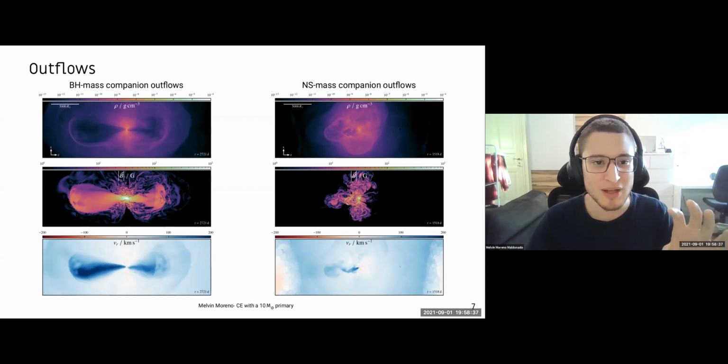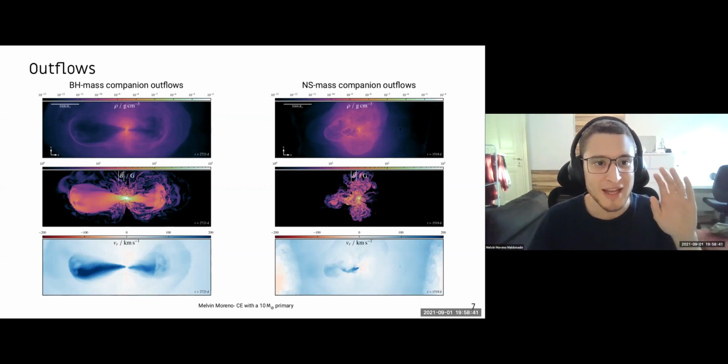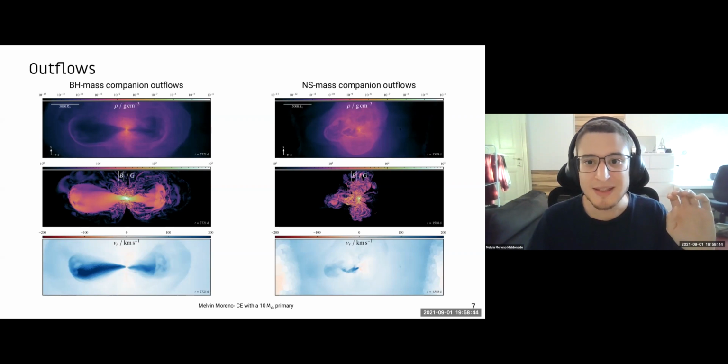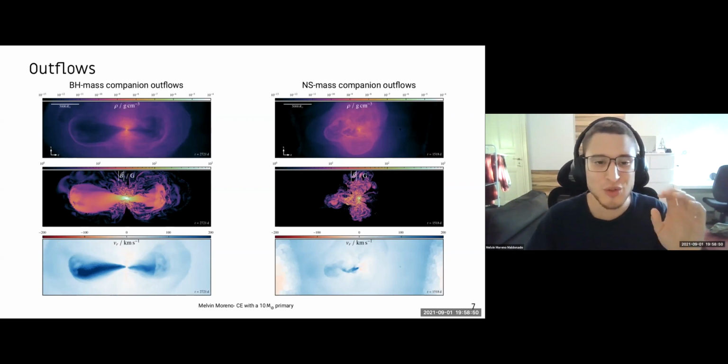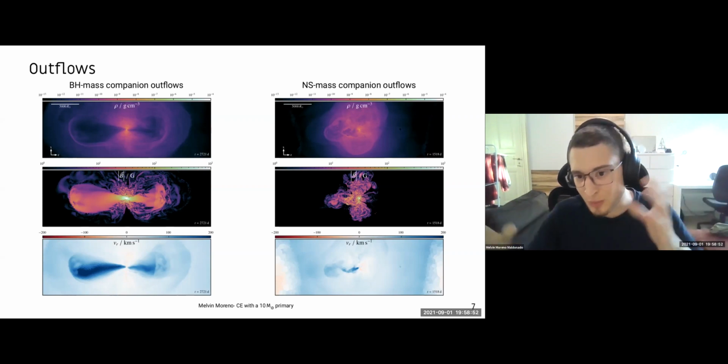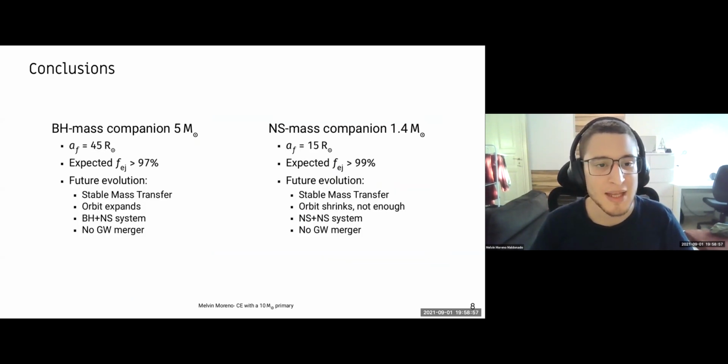So these outflows are well developed, very beautifully shaped in the black hole case. But in the neutron star case, you rather see them only on one side, not so big, not so structured. So again, resulting from the maybe not so ordered shape of the interaction.